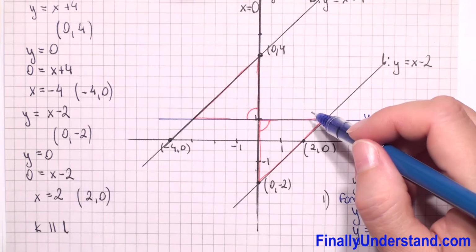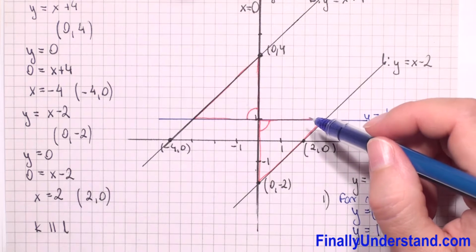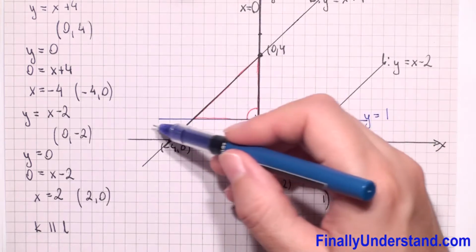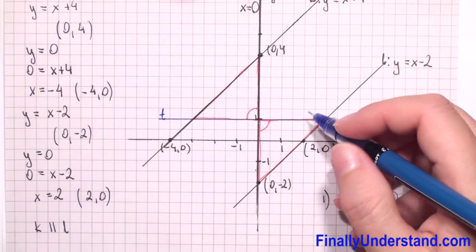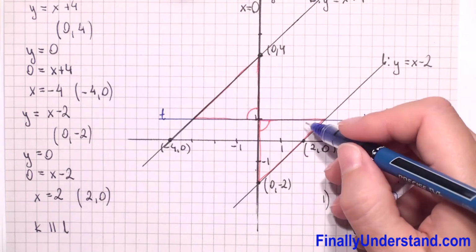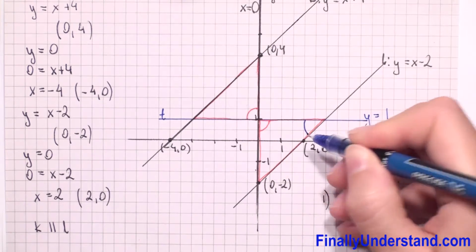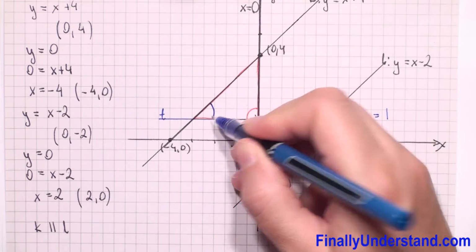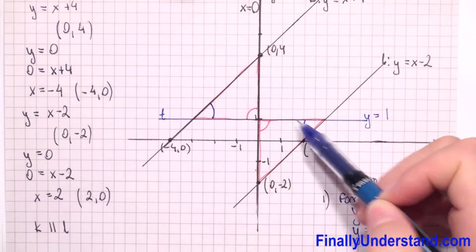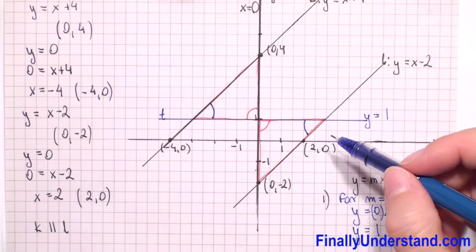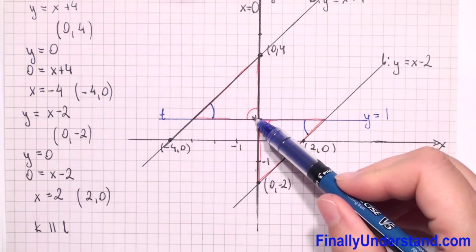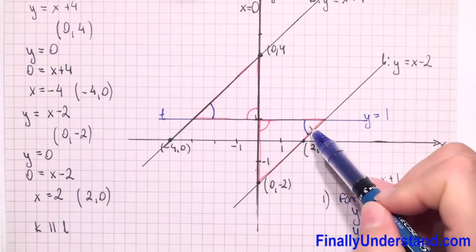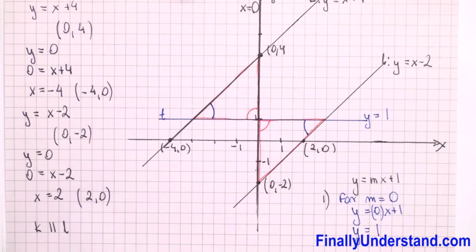Alternate interior angles are angles which are on opposite sides of our transversal. So the alternate interior angles will be this angle and that angle. These 2 angles are congruent.